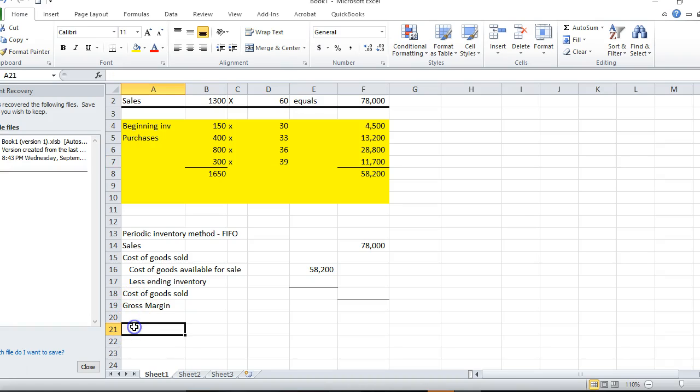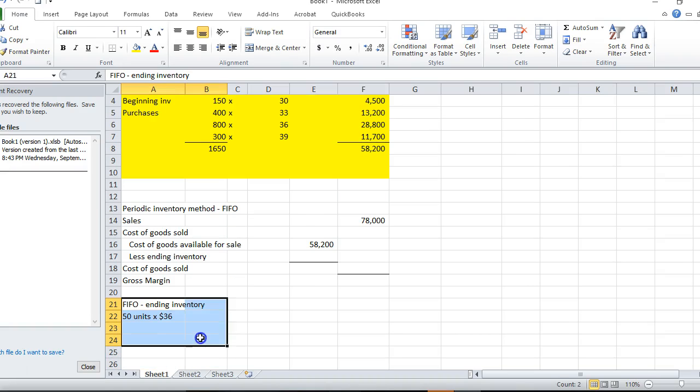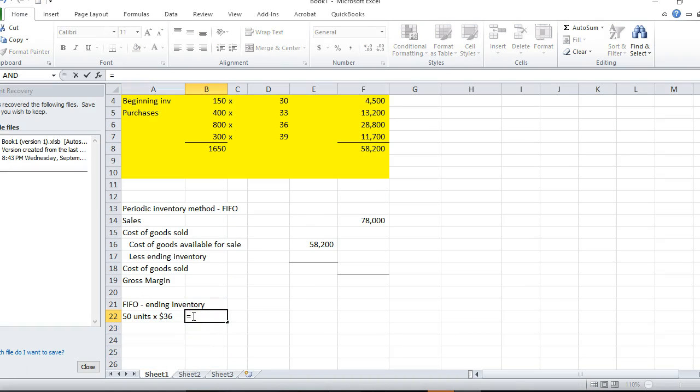So under FIFO, our ending inventory is going to have 50 units at 36 bucks, or how much is that? Here, I'll equal 50.